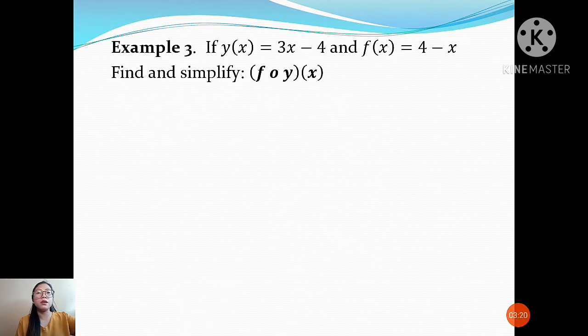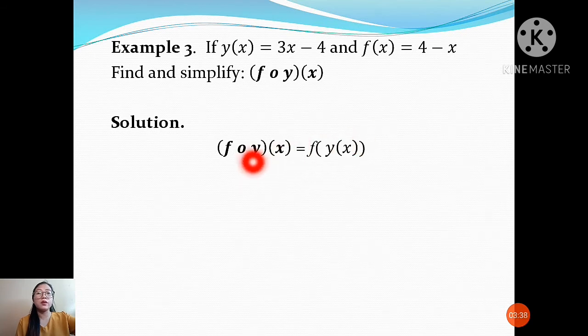For another example, example number 3: if y of x is equal to 3x minus 4 and f of x is equal to 4 minus x, find and simplify f composed with y of x. For the solution, f composed with y of x is equal to f of y of x.